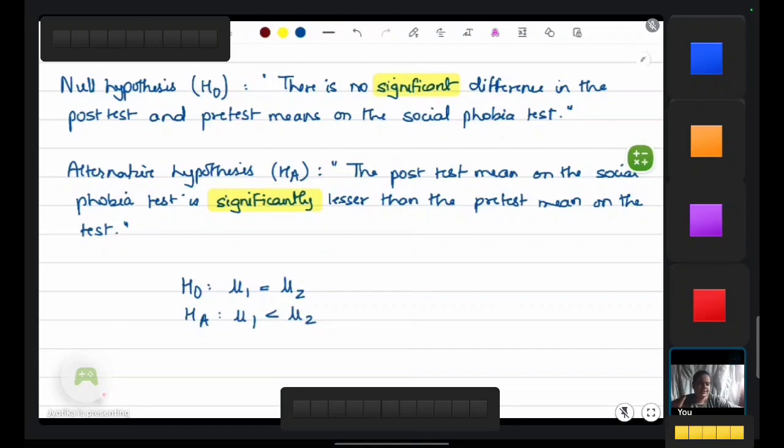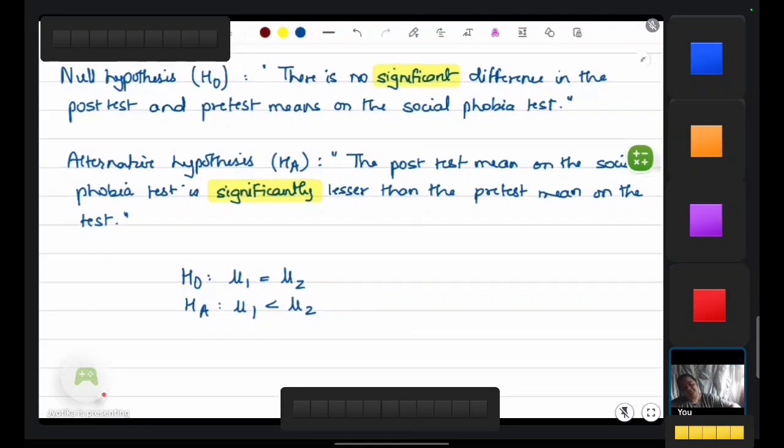What should I write? Mu. And what is mu? Oh, population. Yes.